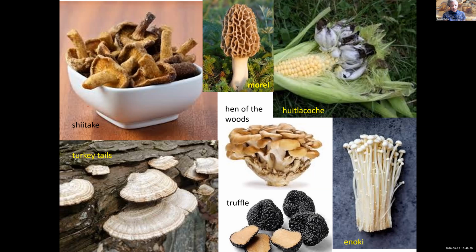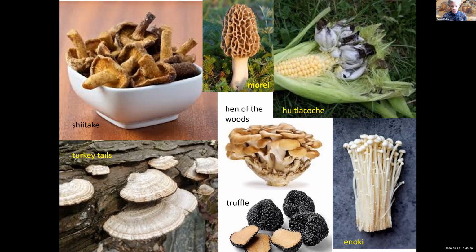Now we're going to spend the rest of the lab talking about diversity of fungi and the characteristics of the different groups. So there's 3 different groups within the fungi, and when we think about what they are, we often think about different kinds of edible mushrooms.